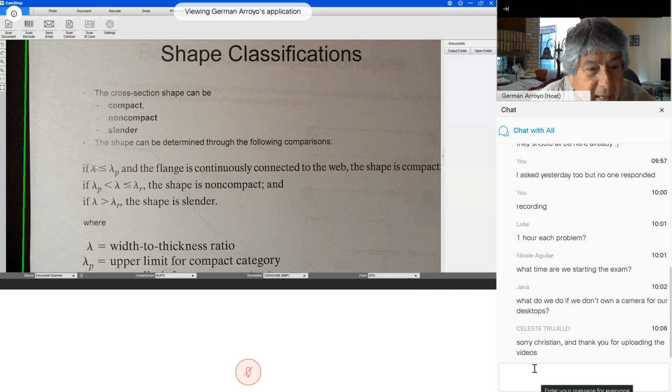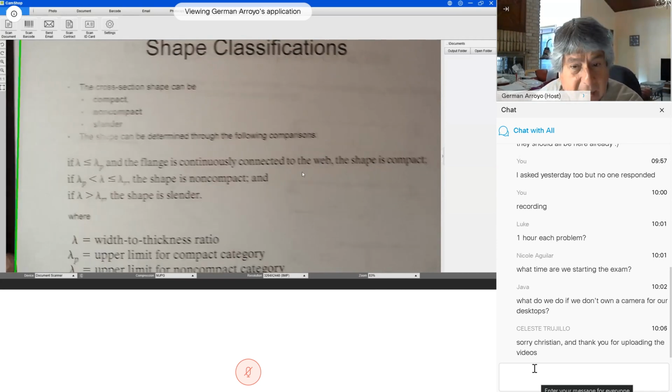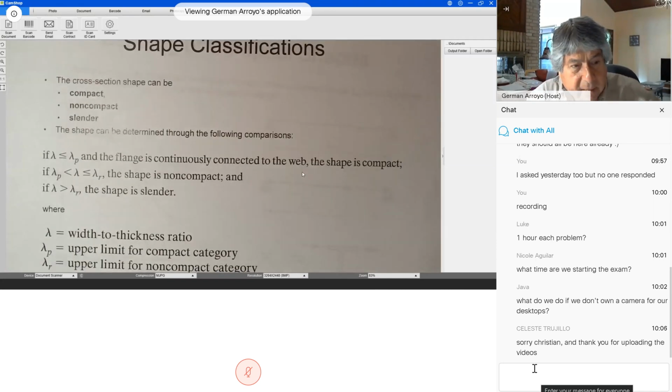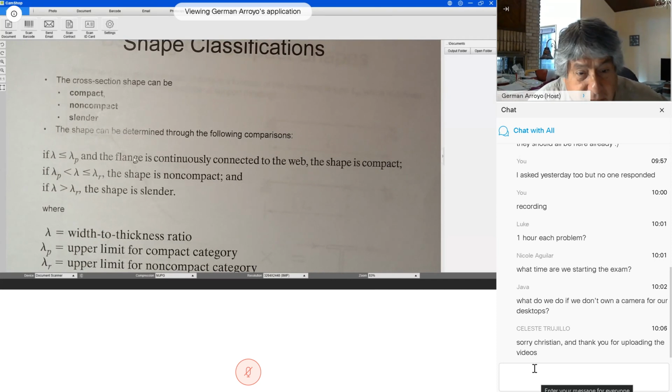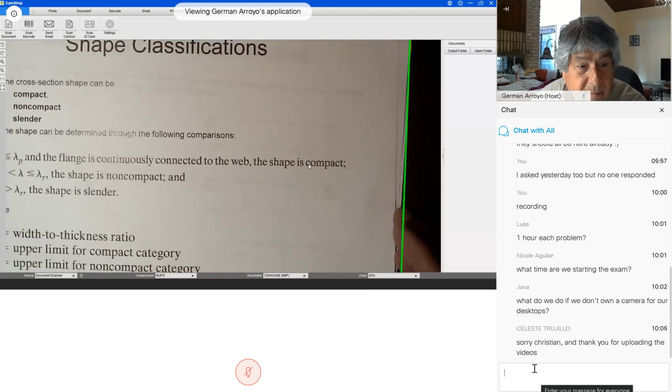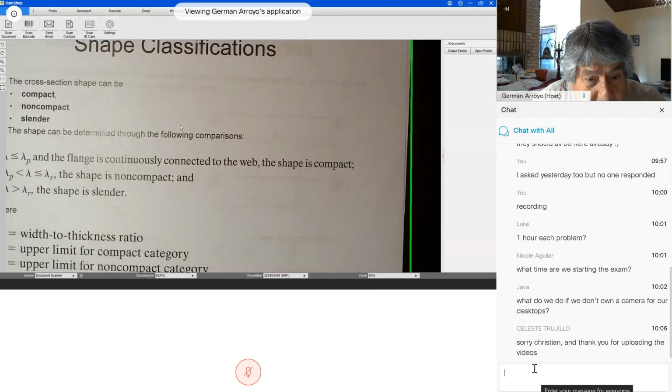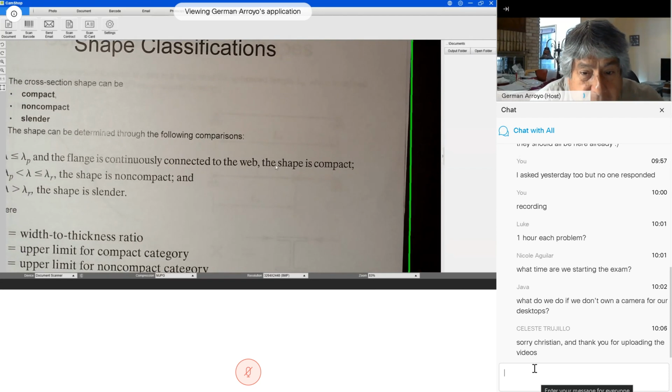Now we have lambda, lambda sub P, and lambda sub R. And these are the conditions. Lambda is b over 2 times the thickness of the flange like we did before. If lambda is less than lambda sub P, and the flange is continuously connected to the web, the shape is compact.